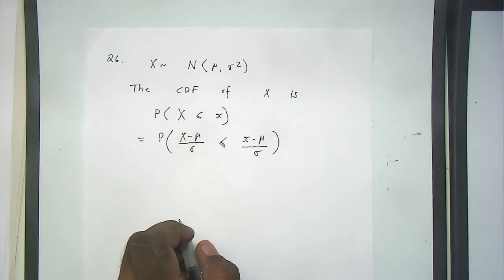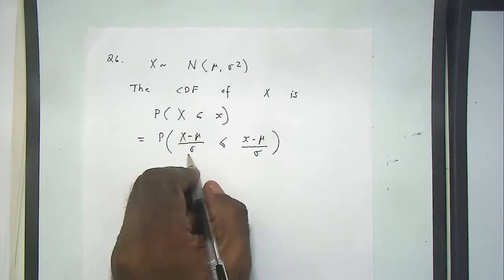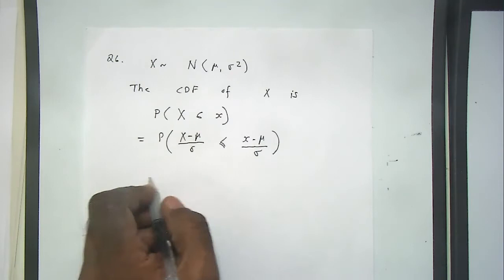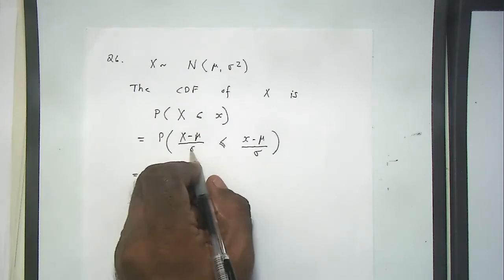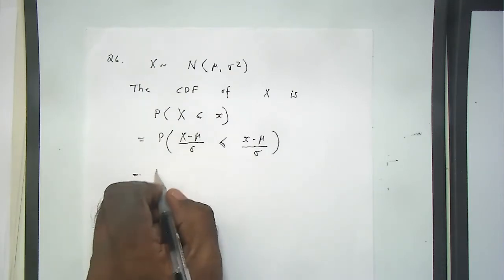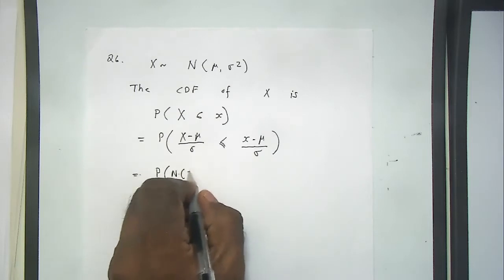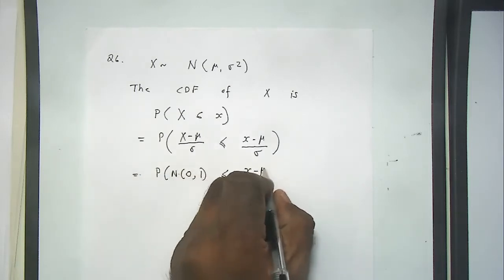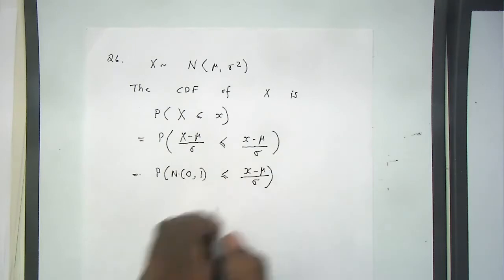Yeah. Okay, now this guy here, because of the property I mentioned in the lectures some time ago, what distribution will this have? This will have the standard normal distribution. Right?